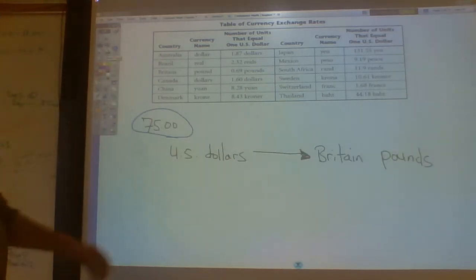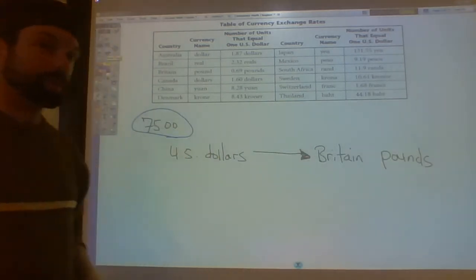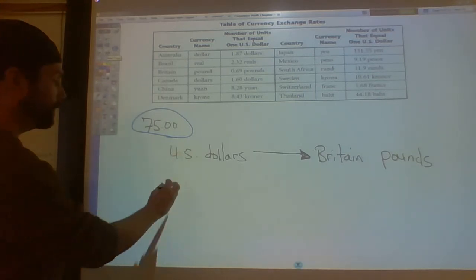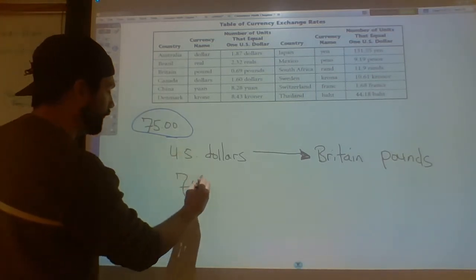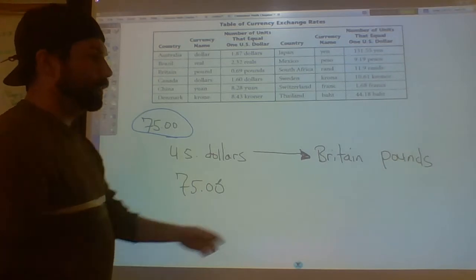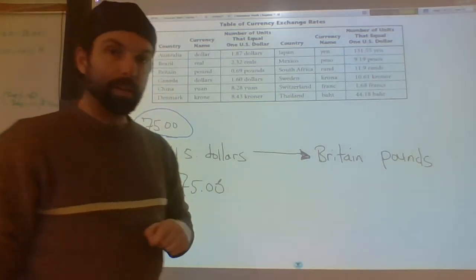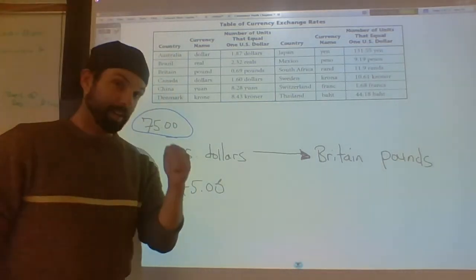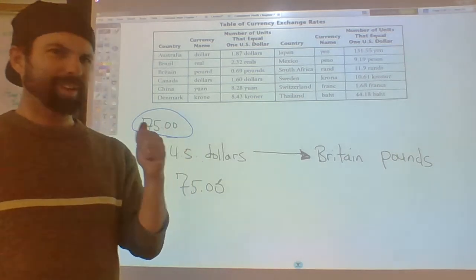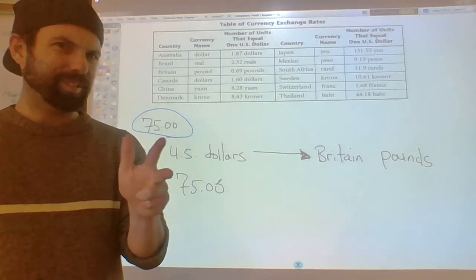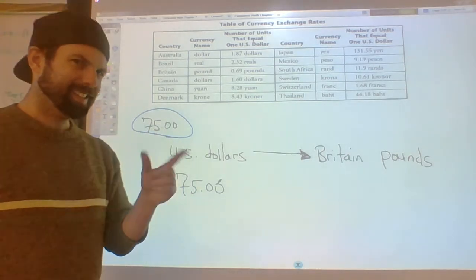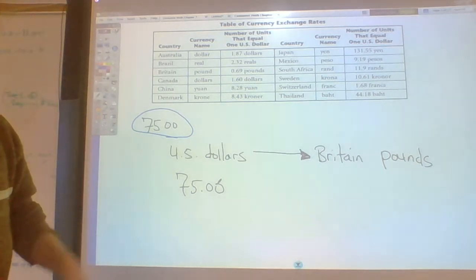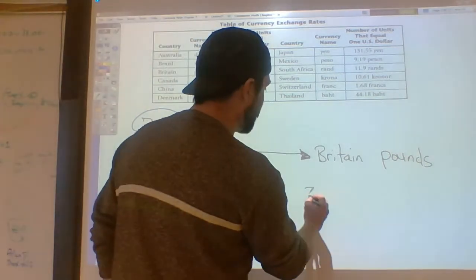And our last example, going from US dollars to another currency, 75 American. And we are going to change it into British pounds. If you're traveling to Great Britain, which is also called England, and sometimes referred to as the UK, it's like it has 3 different names. We would change our money into British pounds.